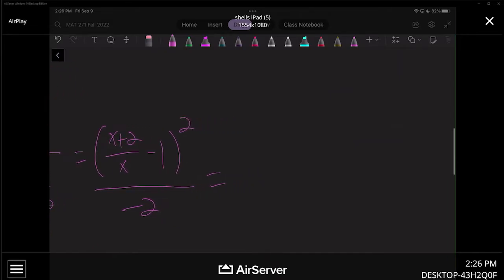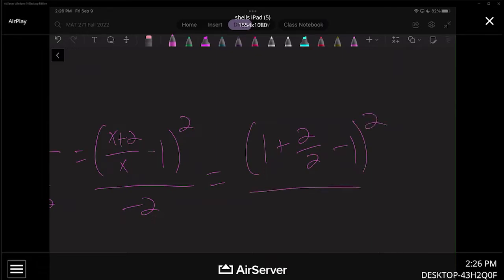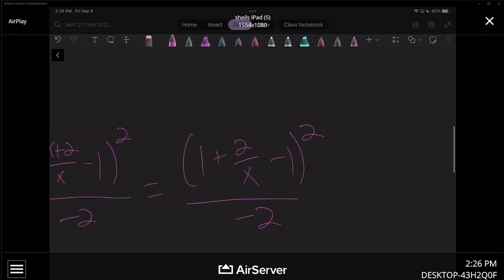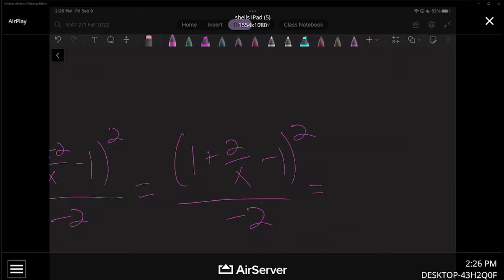Yeah, let's work this out. I believe this is what we're squaring in the numerator. So we're going to end up with negative 2 over x squared in the long run here. Right?